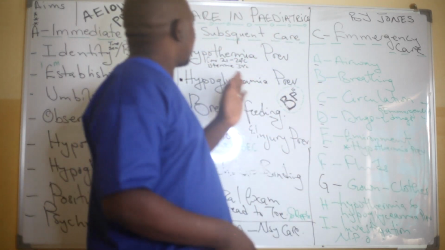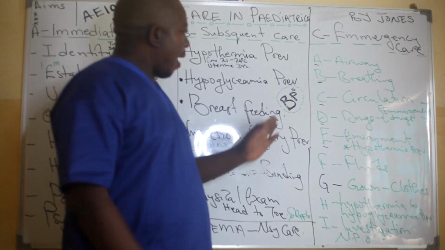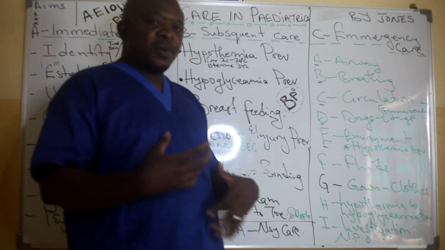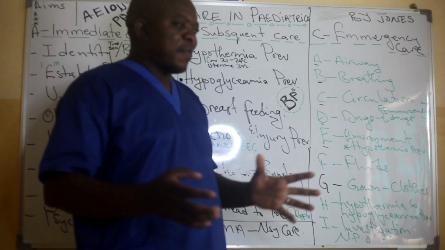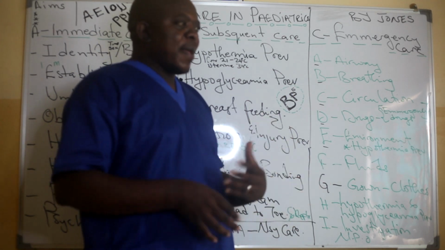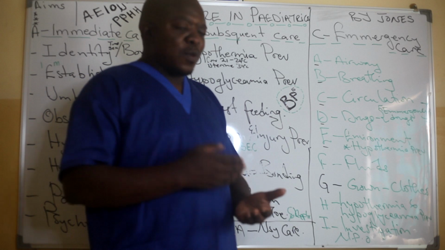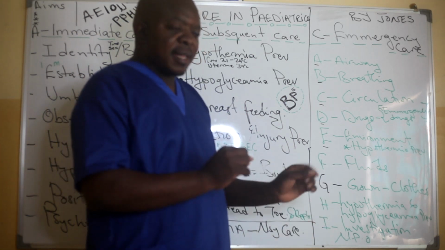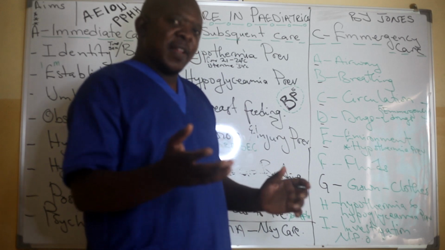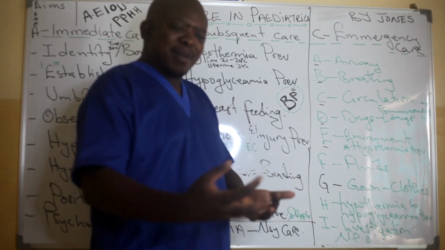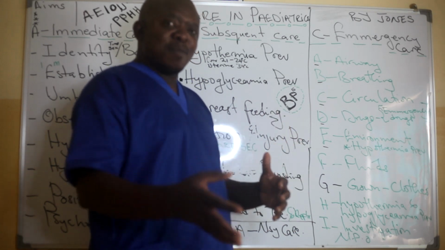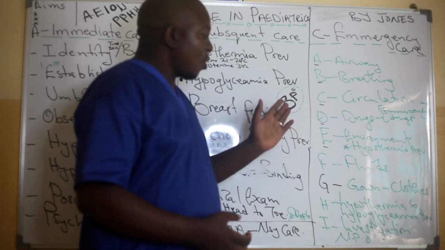In the subsequent care, we have letters B, P, and H to help you remember. Even if I call them like when you're writing the short form of a certain disease called benign prostate hypertrophy, you write it as BPH. So you can try to remember from that. Not that I'm saying that is the disease here. No, you can try to remember from that angle because you are familiar with it.